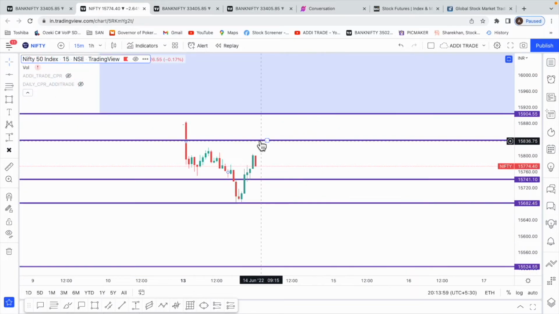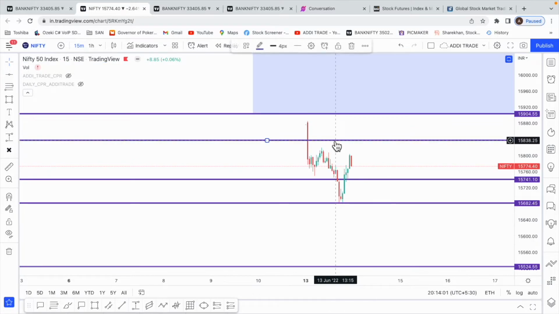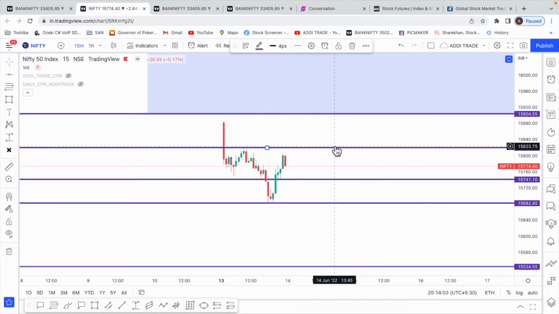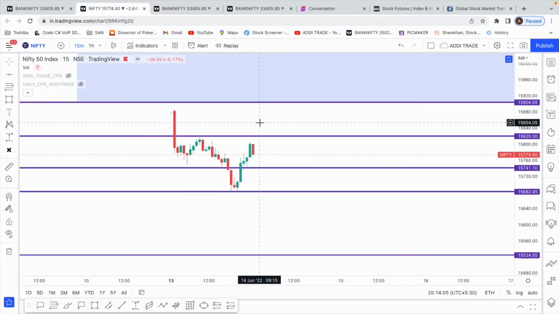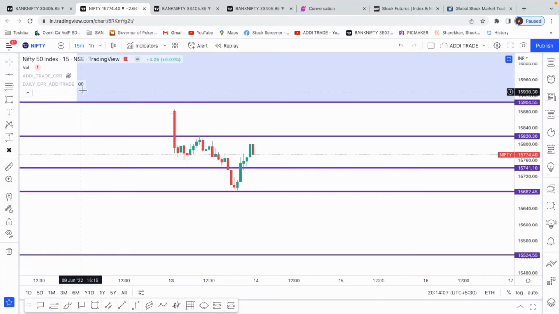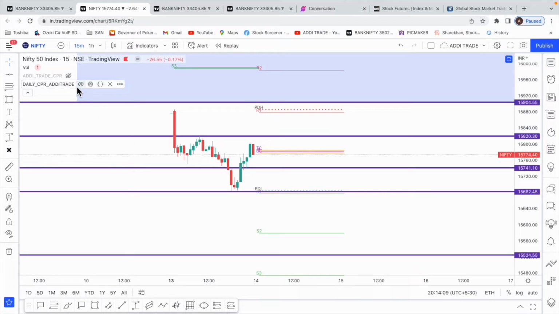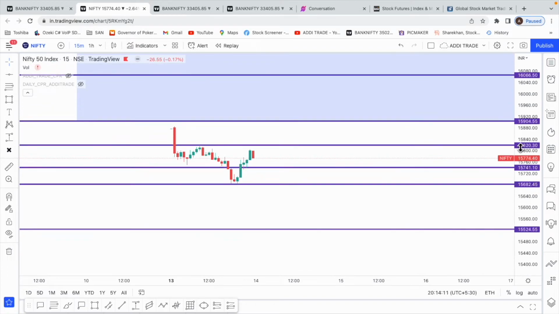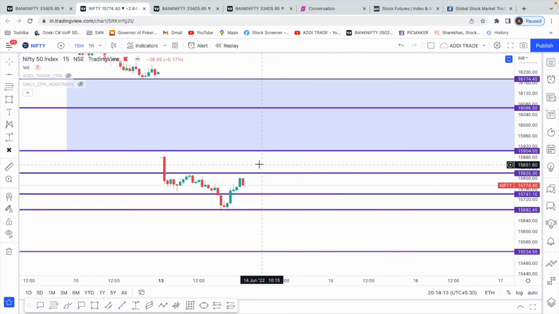And I'm going to move this line over here. See, if Nifty recovers until 15,900, right, this level can act as a very good resistance. Previously also we have seen, and I've been explaining about the gaps, how they act.